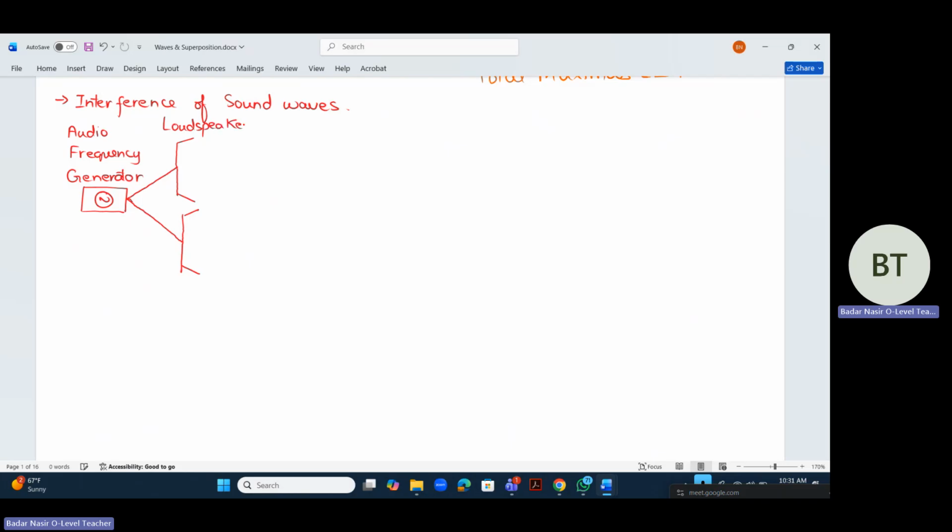Okay, now these loudspeakers will produce the sound waves.